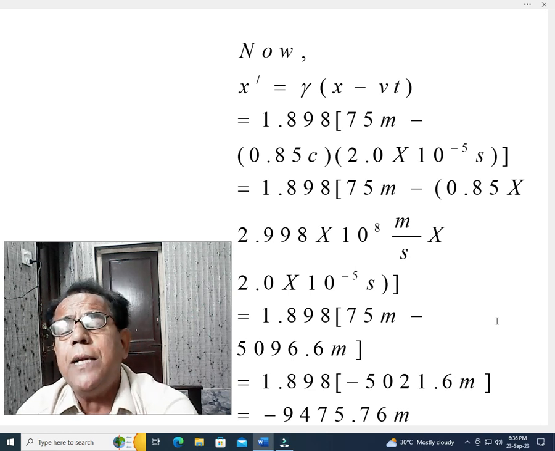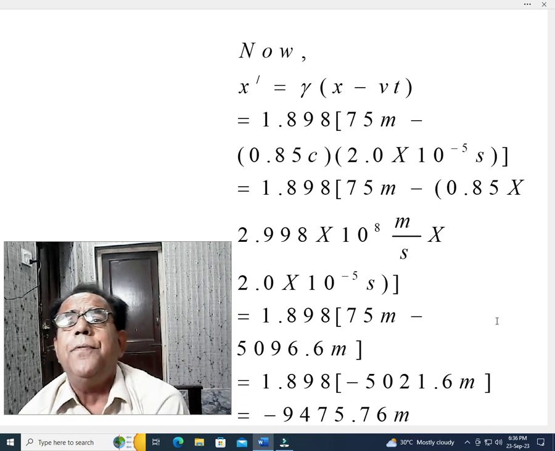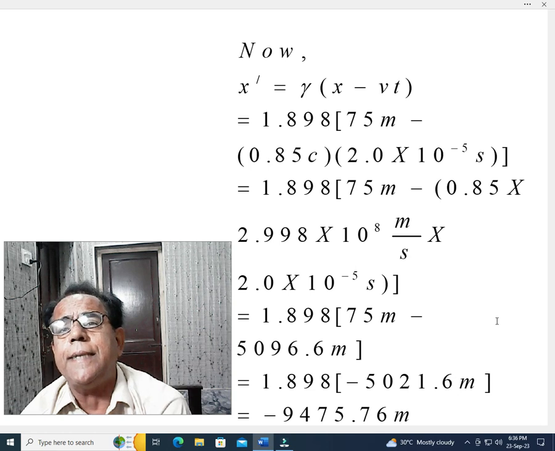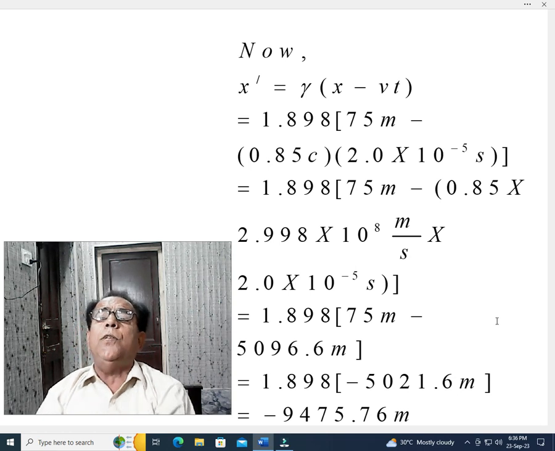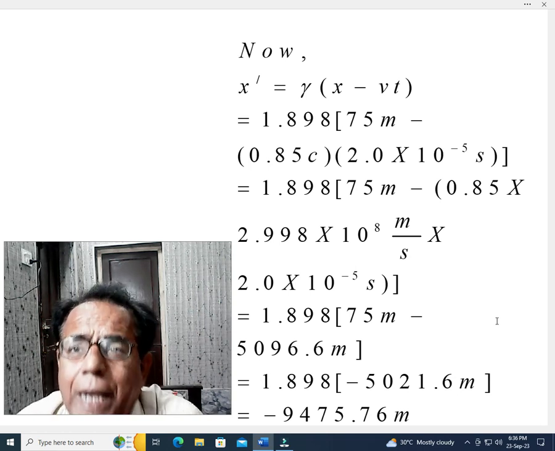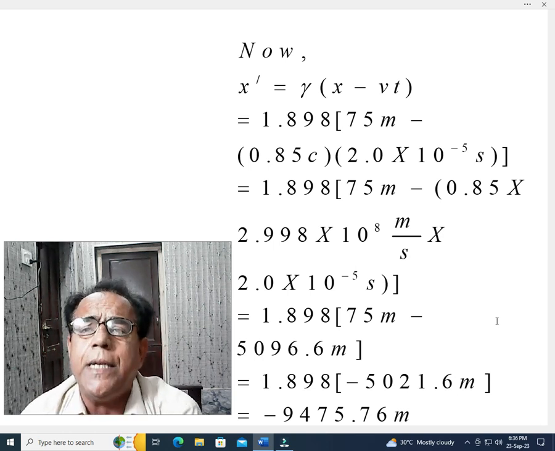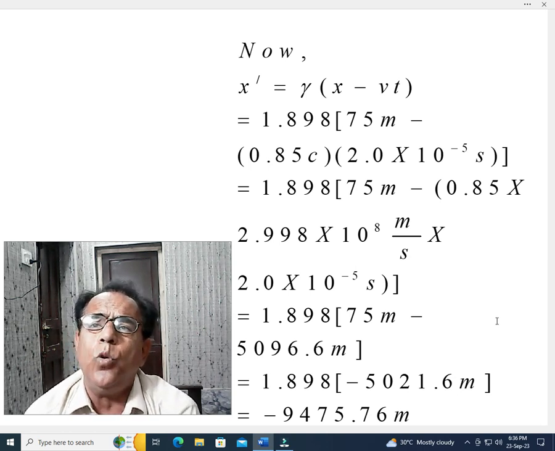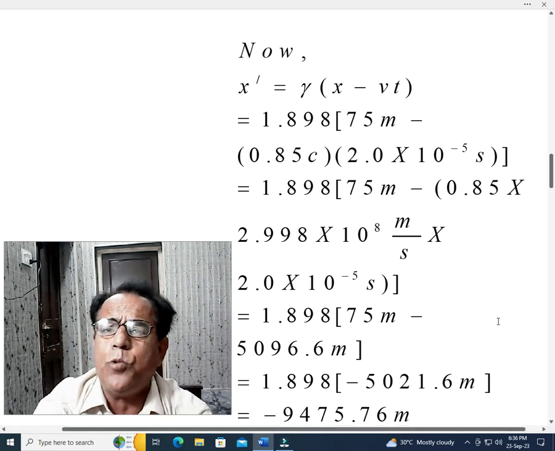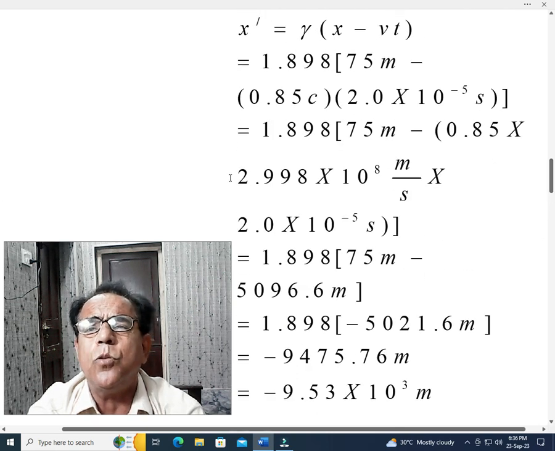In place of gamma we have used its value 1.898, while in place of x we have used 75 meter, which is given in the statement, and in place of the relativistic velocity we have put its value in terms of the speed of light c, which is 85% of the speed of light, 0.85 c, into t, where t is also given in the statement. We have just put the relevant values in this expression, and then it becomes equal to this into this into this minus this.